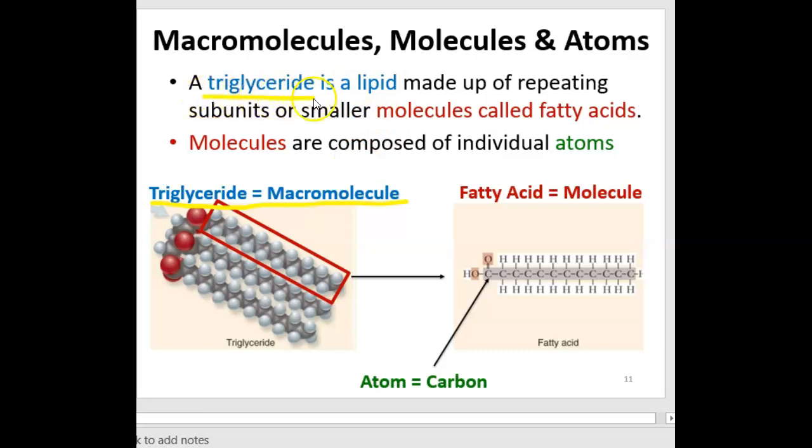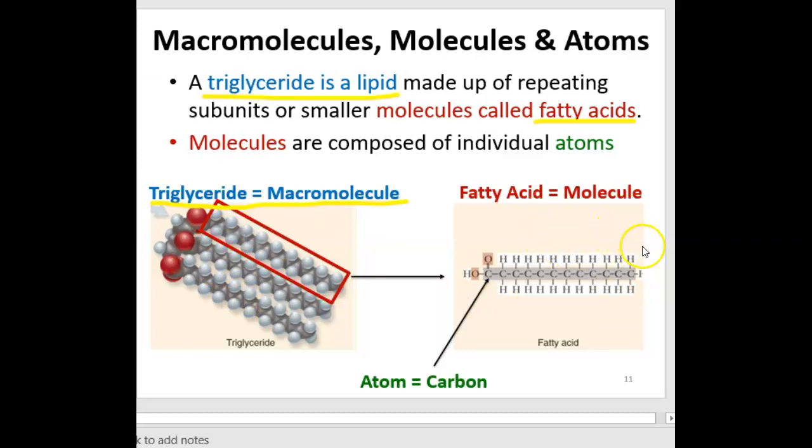And a triglyceride is a type of lipid that's made up of individual subunits called fatty acids. So you'll notice that this triglyceride has a backbone, and then it has 3 repeating units. And those repeating units are referred to as fatty acids.